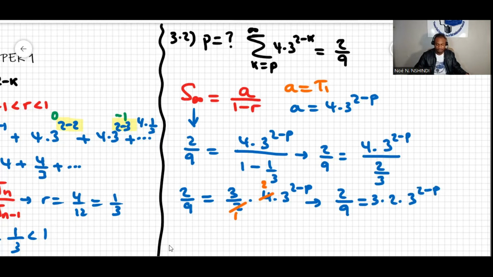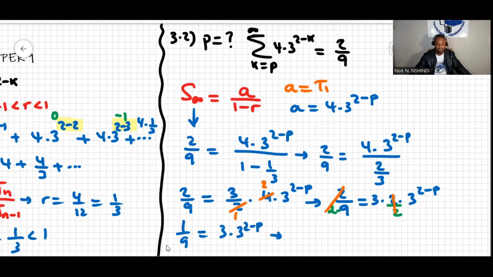Then we can also simplify this 2 and that 2 here. So let's just do it. I'll divide this side by 2, and I divide that also by 2. So this will be simplified, that also will be simplified. So we have left with 1/9 equal to 3 times 3 to the power of 2 minus p.